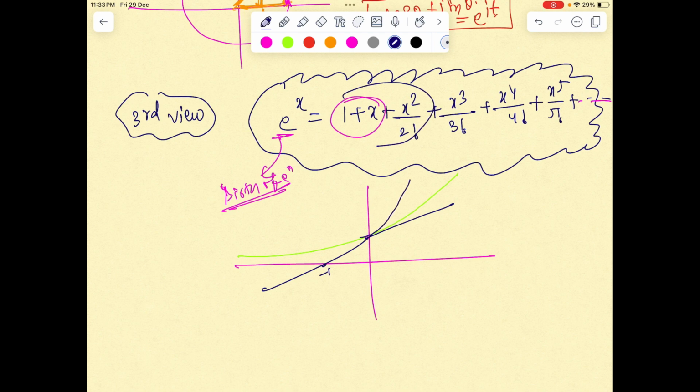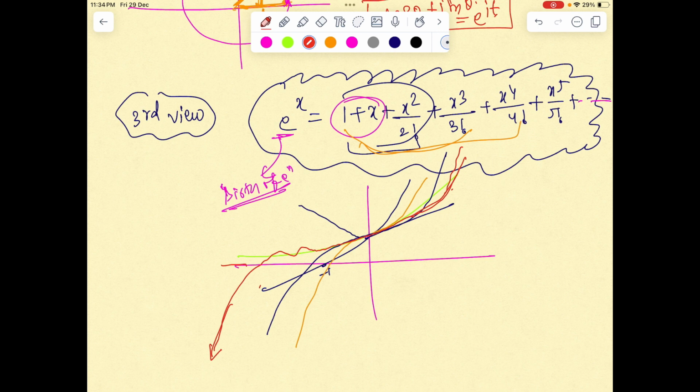If we take 3 terms, the approximation of e to the power x will be very weak. If we take 4 terms, then maybe it will be closer to e to the power x for a quite decent amount of time. If I take more terms, the graph will be closer, and so on and so forth, to e to the power x.